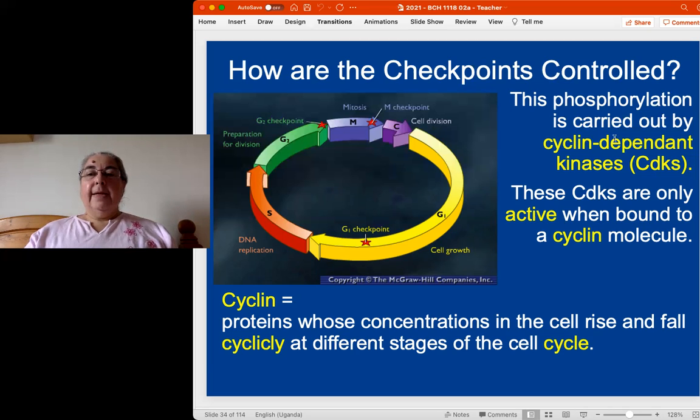So the cyclin-dependent kinases are only able to carry out their job of phosphorylating other molecules when they are bound to a cyclin molecule. Cyclin molecules go up and down in the cell during the cell cycle. So at some times there are lots of cyclin molecules, and at other times there are very few cyclin molecules.